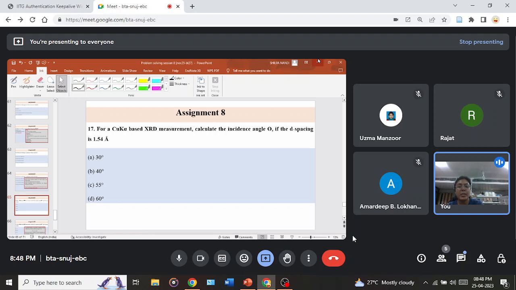You are already given the d spacing, that is 1.54 angstrom, and you have to determine the incidence angle theta. Can you calculate and tell me whether the answer is 30 degree, 40 degree, 55 or 60 degree?